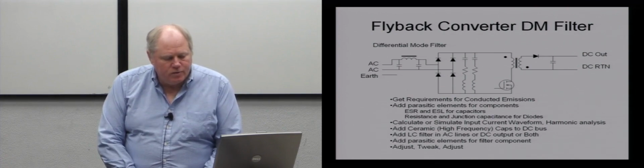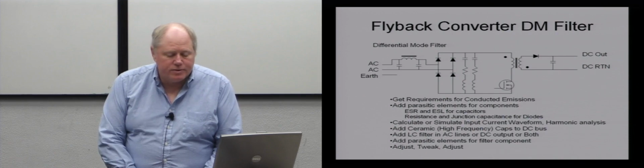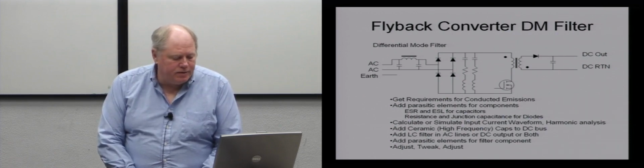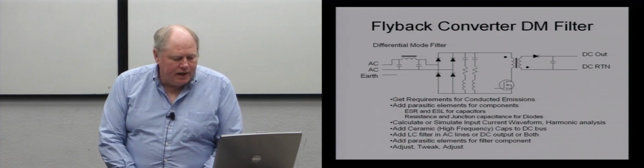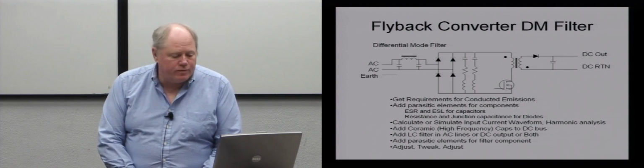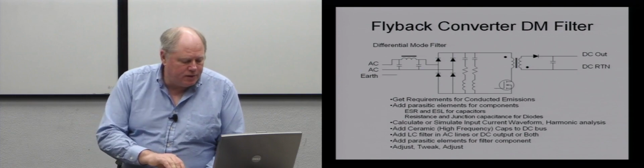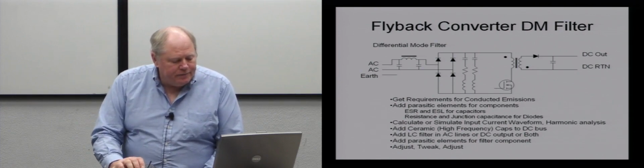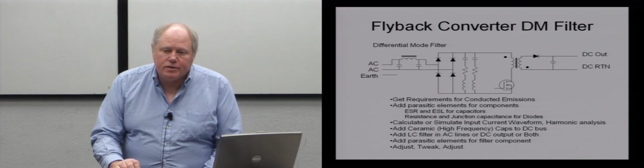You can figure out what current might go back through those diodes back into the utility, and then you can come up with a filter and add a filter there, and get a pretty good baseline design of what it might take to filter the switching noise that's going back to the utility. Once you get a filter, you want to add an estimate of what you think the parasitics are.